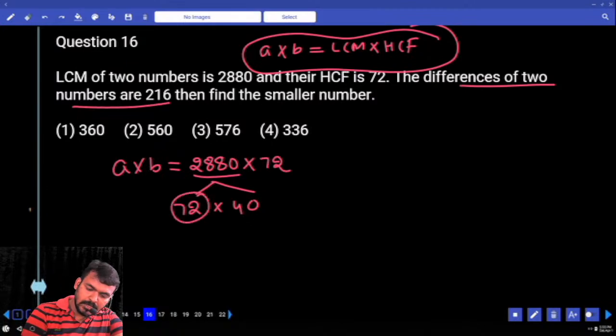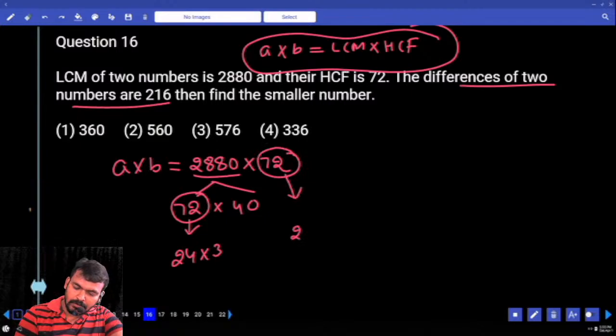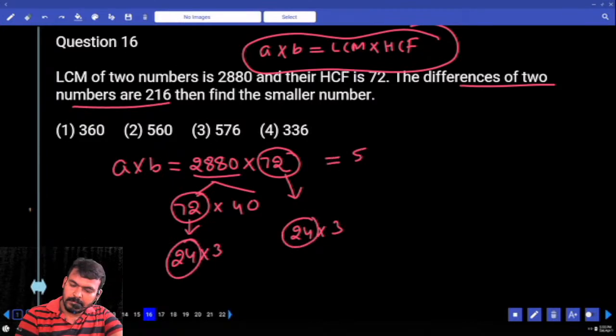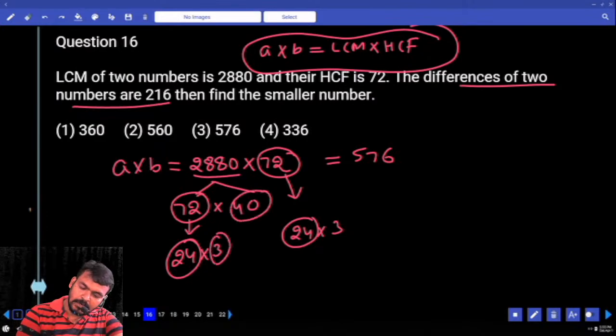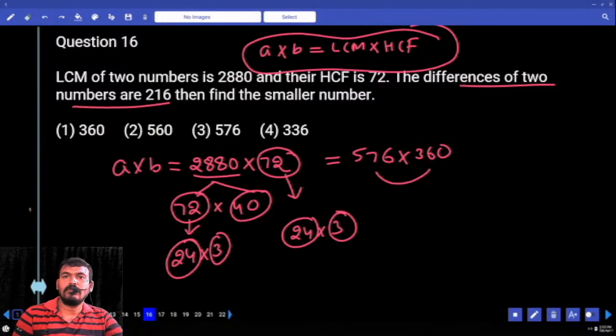Again, 72 we write as 24 into 3, or not? 24 into 24 is 576. 40 into 3 into 3, that is 120 into 3, means 360, or not? What is the difference? 216, or not?